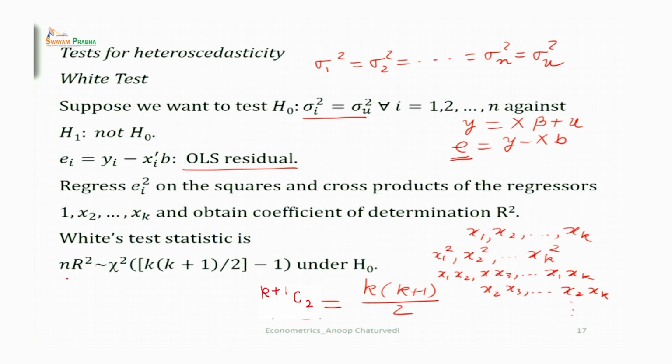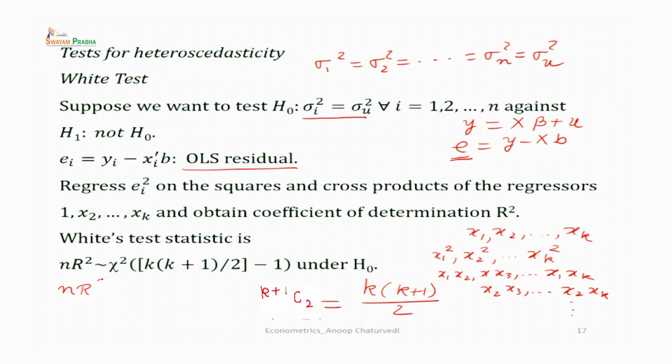Then the White test statistic is n times r square, and under the null hypothesis of homoscedasticity of disturbances, this n times r square follows a chi-square distribution with k into k plus 1 by 2 minus 1 degrees of freedom. So, now you can easily form the critical region.